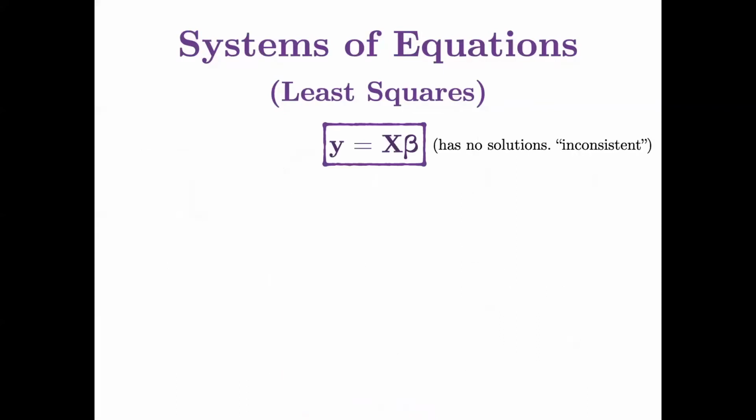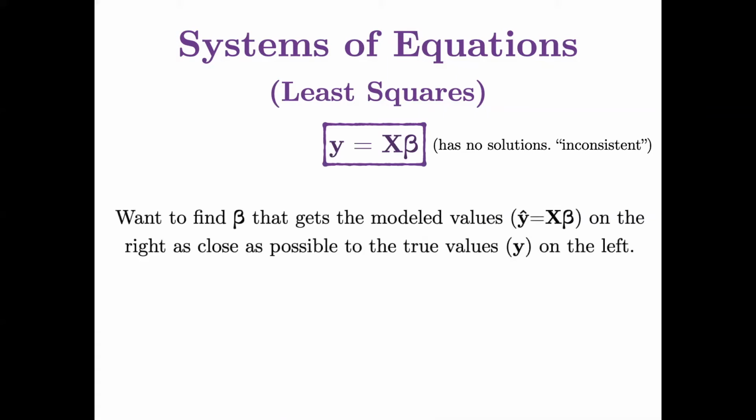Okay, so if I start with this system of equations, y equals x beta, of course I know it to have no solutions. It's what we call an inconsistent system because it has no exact solution. What we want to do is find the beta values that get the modeled values, or the predicted values, the y hats, which would be created by x times beta, on the right of this equation, as close as possible to the true values on the left.